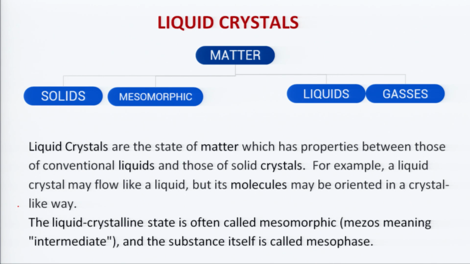That means, like the way the molecules are arranged, the unit cells are arranged in a crystal, we may find an arrangement of the same kind. So, the liquid crystalline state is often called the mesomorphic state of matter. It is a Greek word which means intermediate, and the substance itself is called the mesophase. That phase itself is called the mesophase.